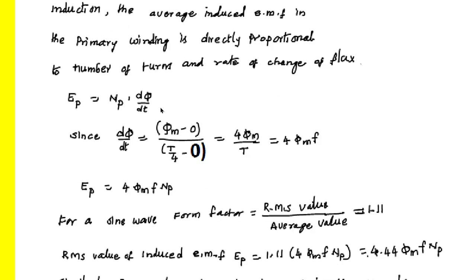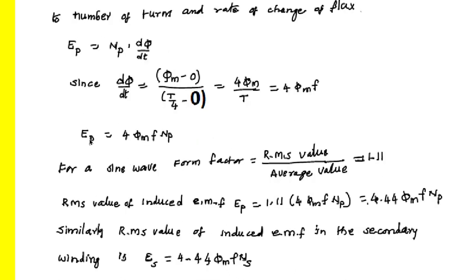So we replace d phi by dt with this 4 phi m into F. So we write EP is equal to Np into 4 phi m into F. So this is the induced EMF in the primary winding due to the flux linking with the primary winding. Remember, this induced EMF is nothing but the average induced EMF in the primary winding.